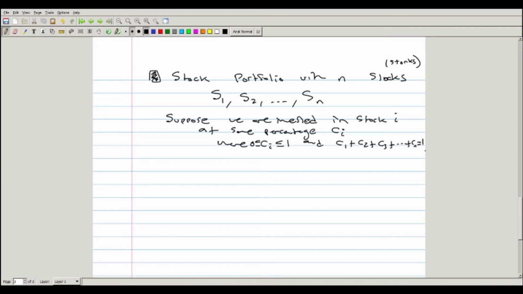Because each one of these Cis is a number between 0 and 1, representing the percentage of investment in each individual stock.